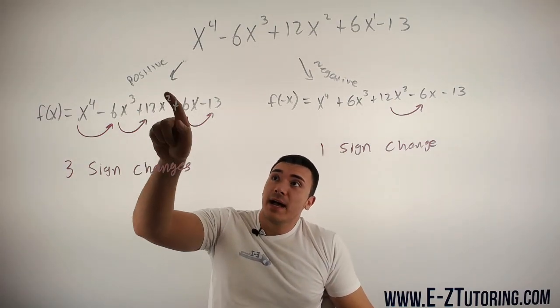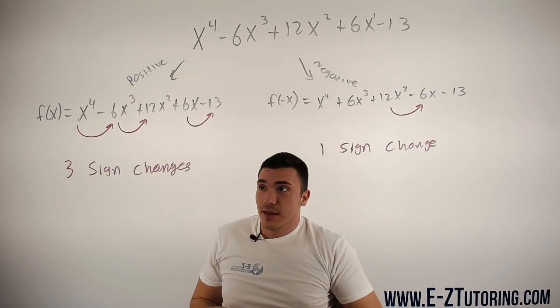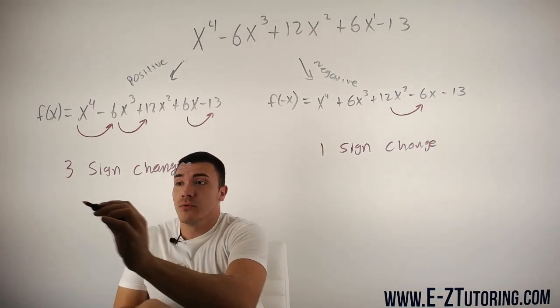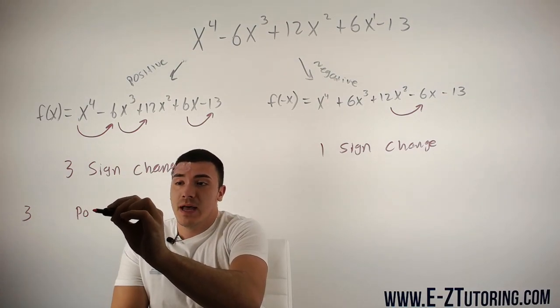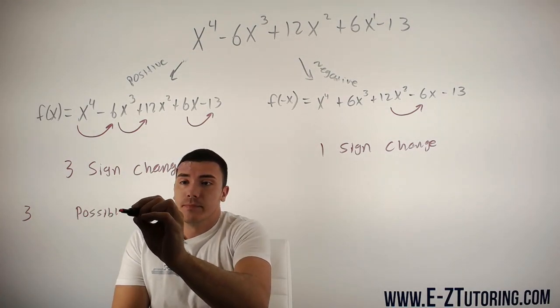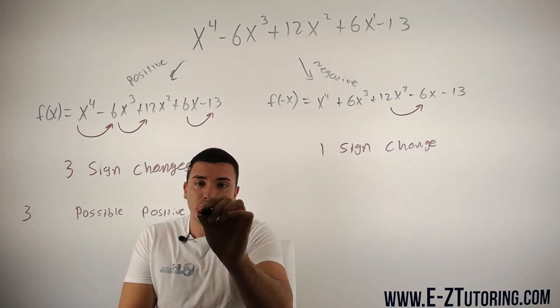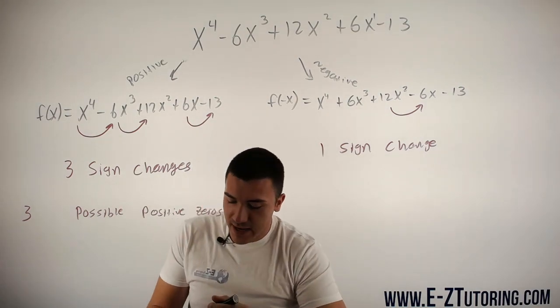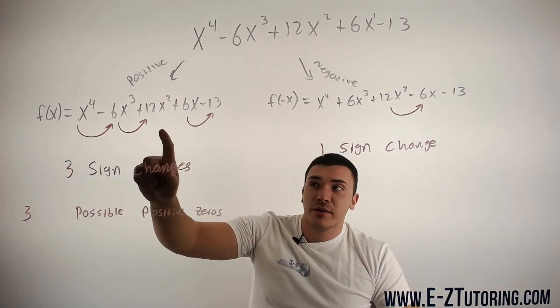So on the positive polynomial, if you have three sign changes, that means you have three possible positive zeros. Now, of course, we have to include the positive part because we are taking it from the positive polynomial.